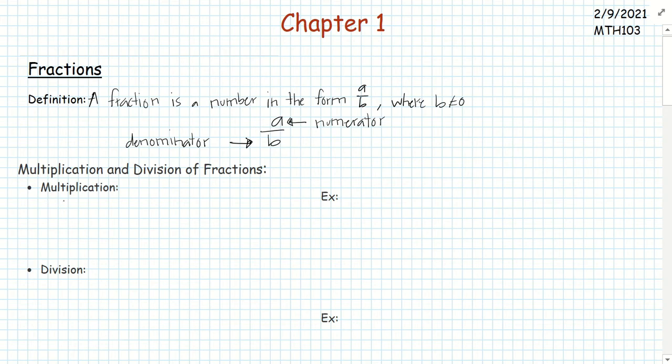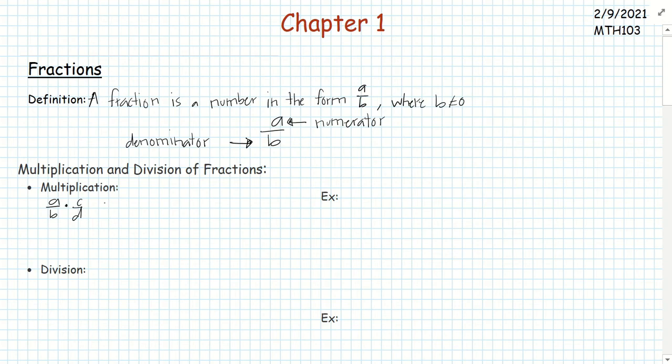So let's talk about multiplication. Whenever we want to multiply, let's say we want to multiply the fraction a over b times c over d. Let's remember a, b, c, d represent numbers. We just haven't clarified what numbers they are.